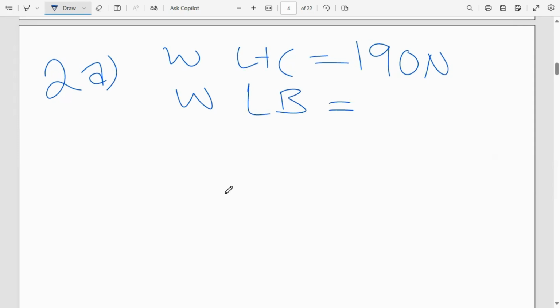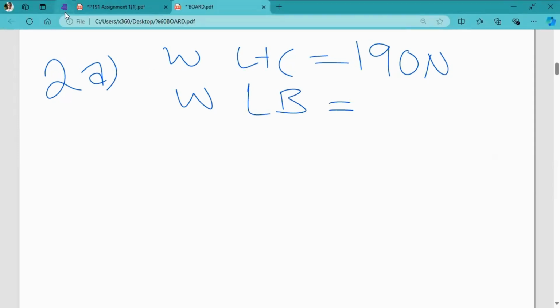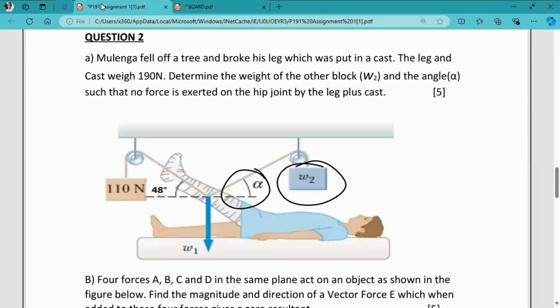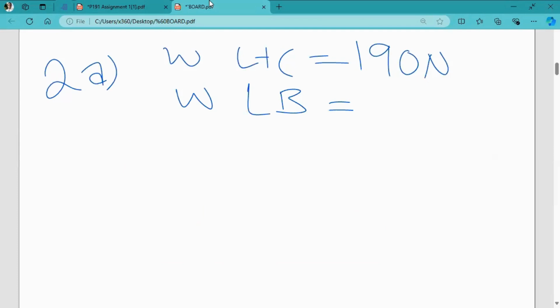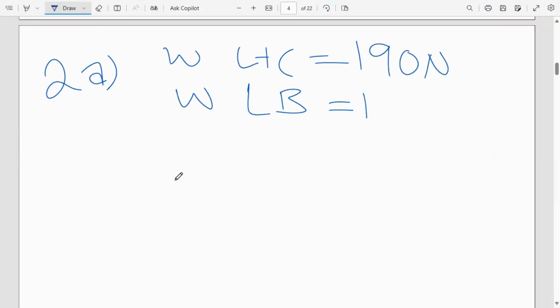And they've given that one to be how much? Let me just check again. They've said it's 110 at 48 degrees. So this is 110 newtons.